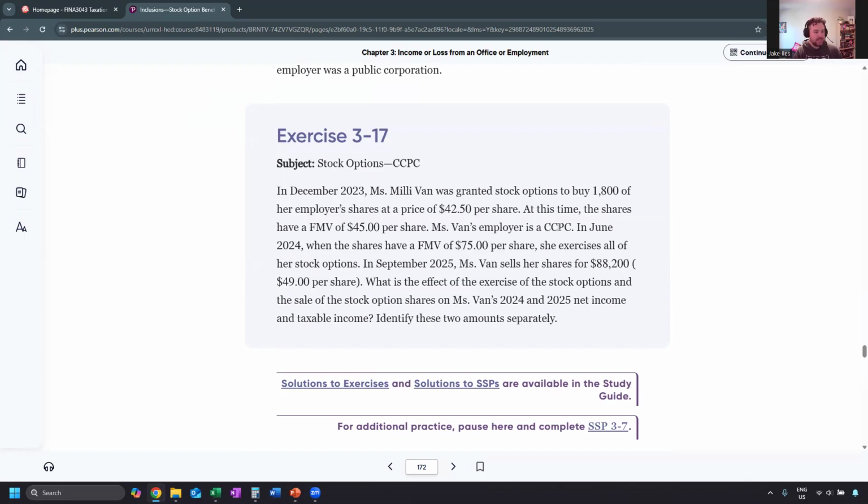Miss Van's employer is a CCPC. In June of 2024, the shares have a market value of $75 per share. That's when we bought them. In September of 2025, the next year, Miss Van sells her shares for $88,200. That's $49 per share. What's the effect of the exercise of the stock options and the sale of the stock option shares for 2024 and 2025 net income and taxable income?